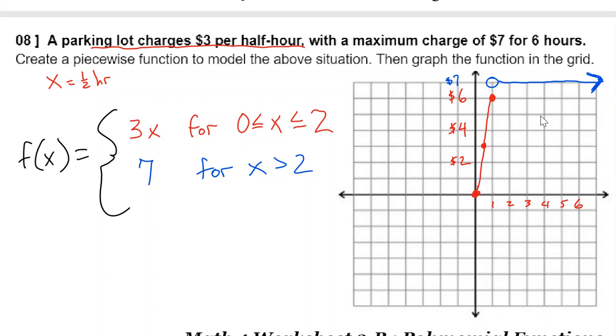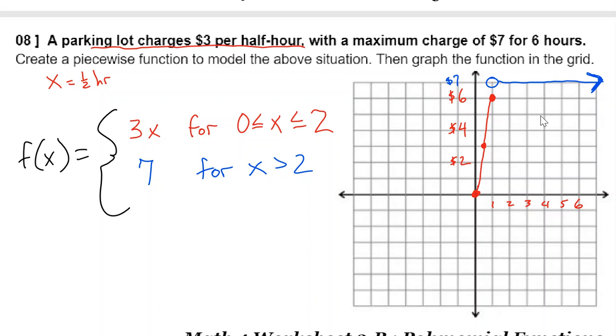Now, I guess one question that needs to be raised here is, if they say that there is a maximum charge of $7 for 6 hours, are they trying to tell us that you can't stay more than 6 hours? Is 6 hours the limit?